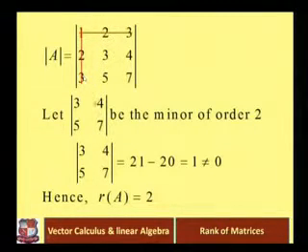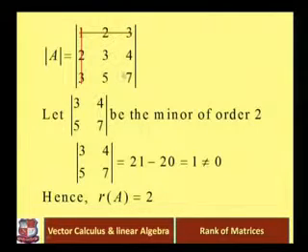We take one minor. That minor is [3 4; 5 7], which is one minor of 2 by 2 order, and we solve this determinant. We get 21 minus 20, that is 1, which is non-zero.